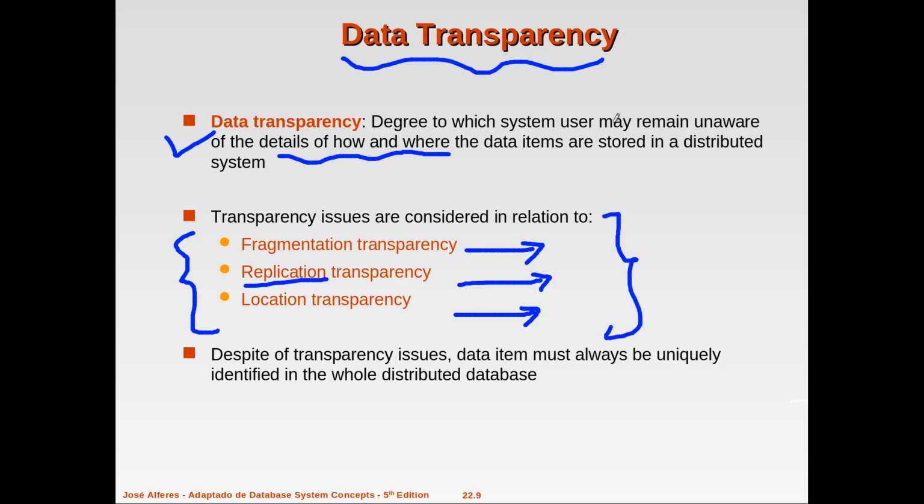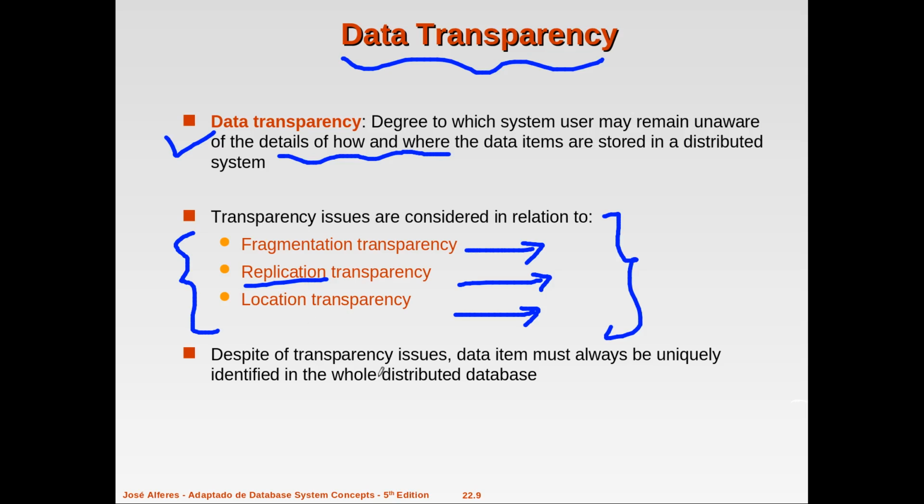The user is unaware of the details, like whether there are a number of fragments, a number of replicas, or in which location the data is stored. Without knowing all these internal details, the user can easily access the data. That is the property called data transparency.